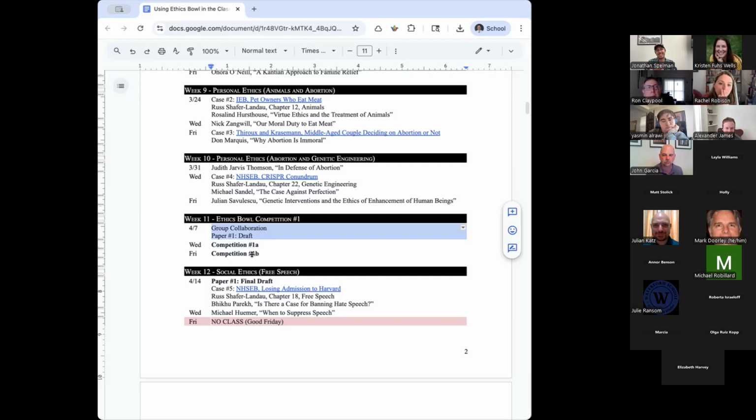So we walk through some of the logistics. The day before the competitions, we're giving the groups some time to discuss amongst themselves.